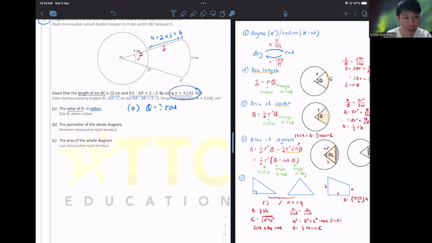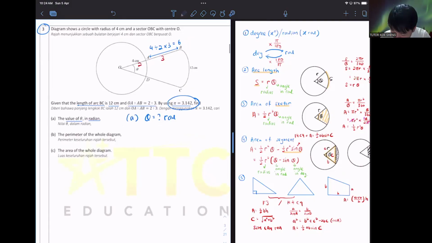If you go for this circle, there's only one number, 4 cm, not enough info. But for BOC, you got a lot of numbers: 4, 6, 12. So we go for the one with more info, the BOC.